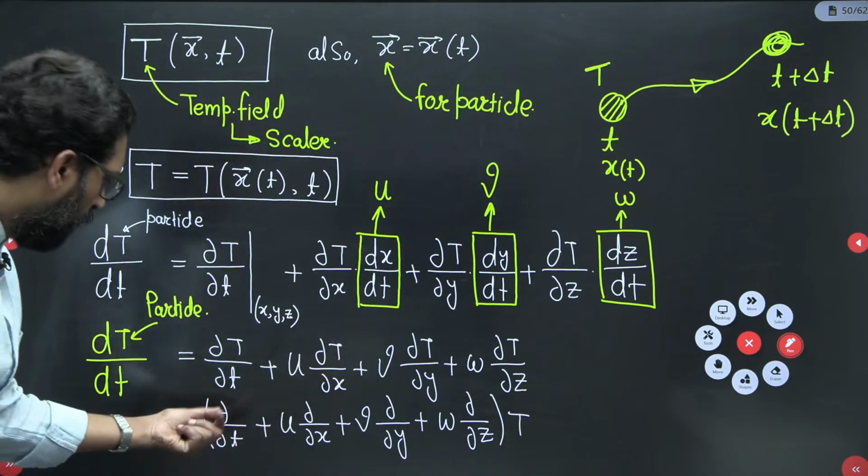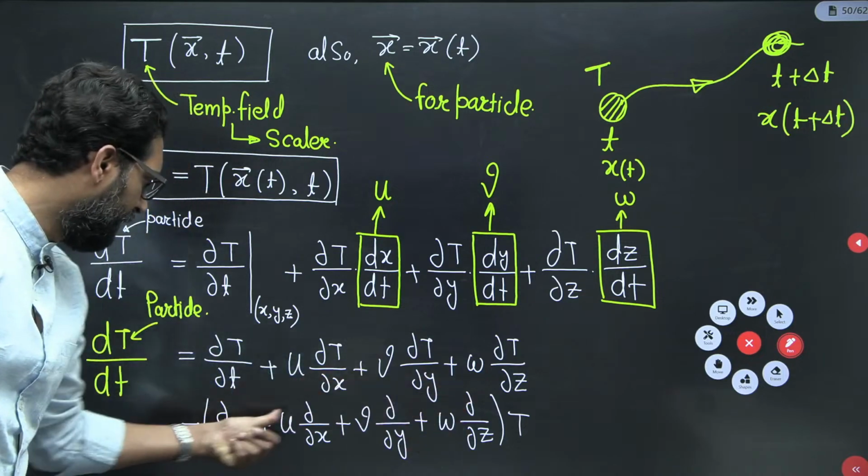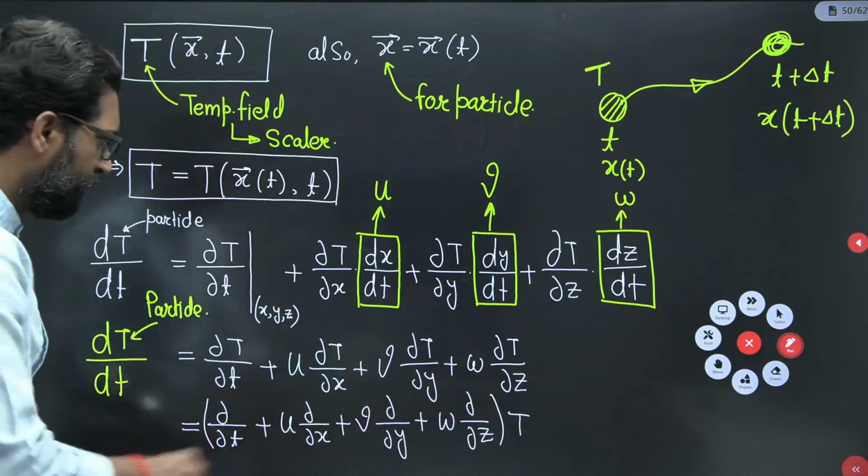Clear? So this dou by dou t of something is a field. So all partial derivatives are for the field.